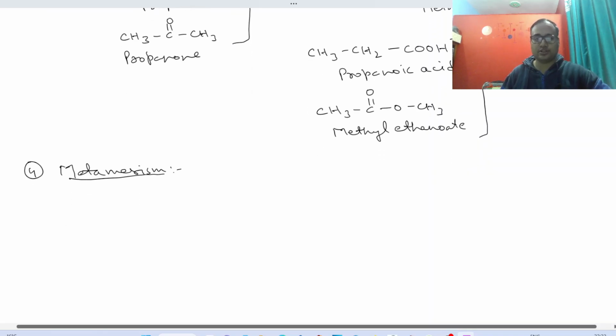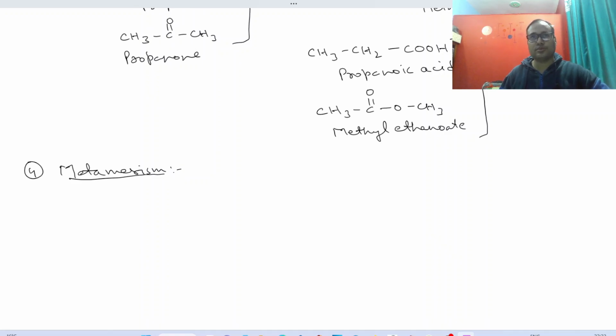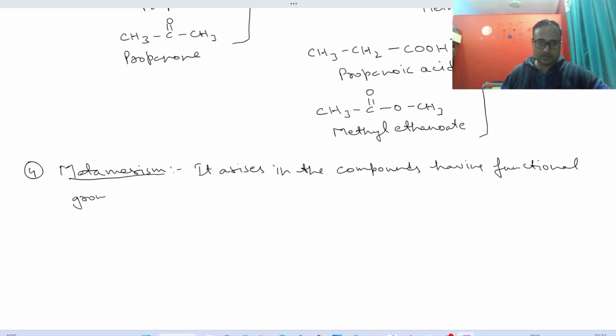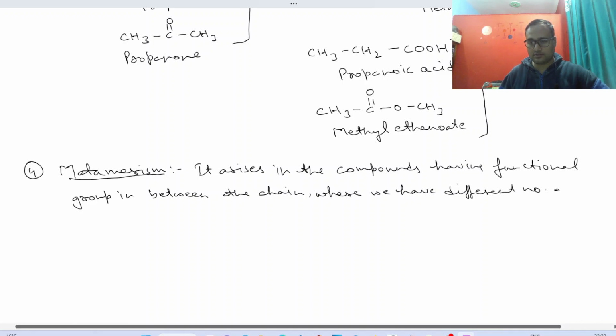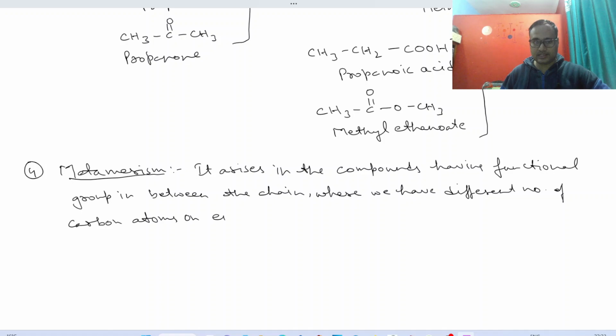Metamerism arises in compounds having the functional group in between the chain, where we have a different number of carbon atoms on either side of the functional group.